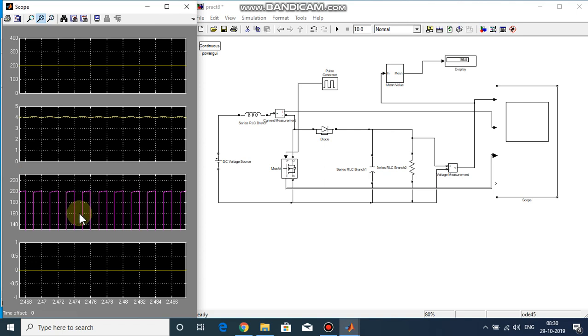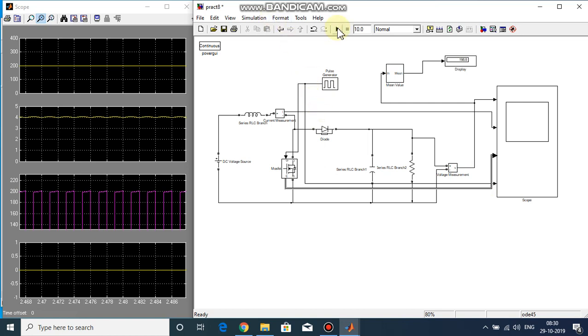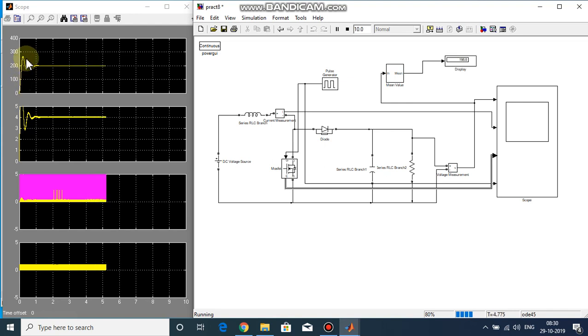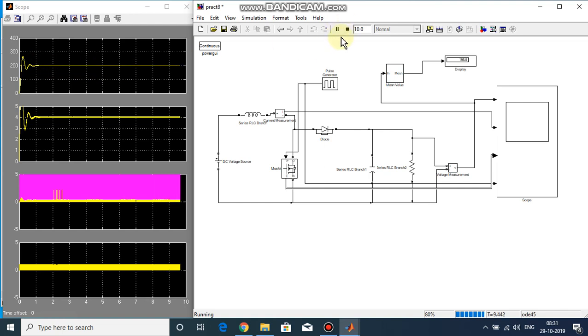If you want, we can even plot the gate pulses to have a better look at how the MOSFET parameters are changing. At the start there is a transient response from this circuit, and then it stabilizes to a given value.